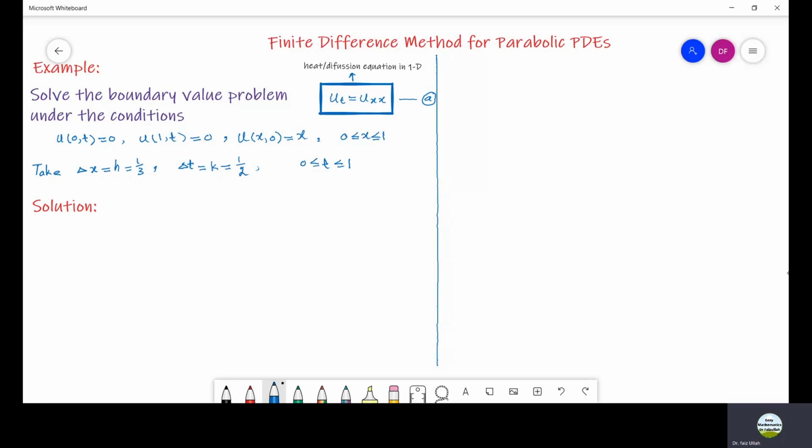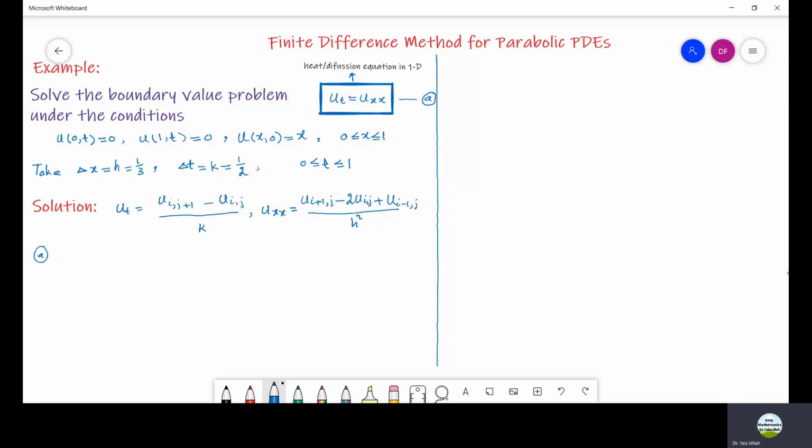The first task is to put the value of ut and uxx in equation number A, where ut is equal to ui j plus 1 minus ui j divided by k, and uxx is equal to ui plus 1 j minus 2 ui j plus ui minus 1 j divided by h square.